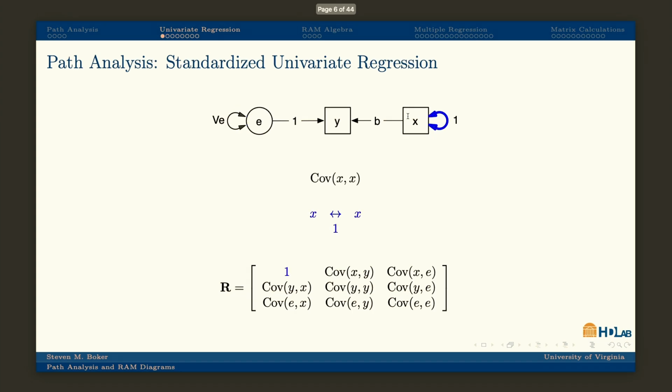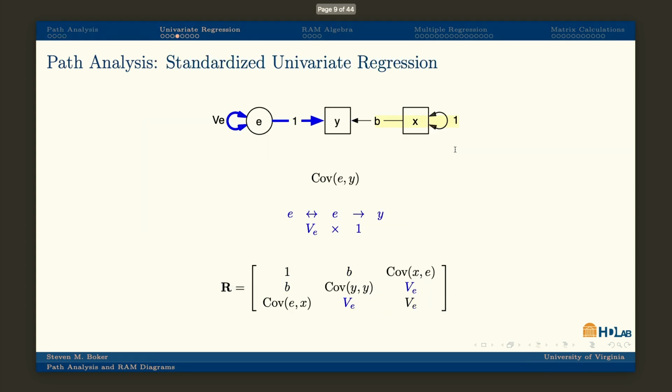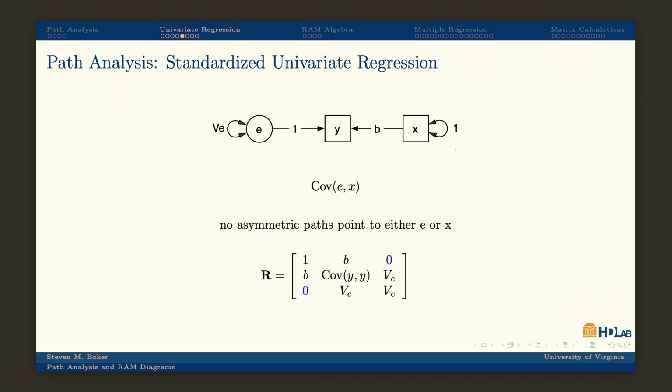Notice back in here in our tracing rules that the to variable always has an arrow pointing into it. No matter where the two variables show up, there's always an arrow pointing into it. So, can you get from E to X with arrows pointing into it? The only place where arrows are pointing into E is with VE.